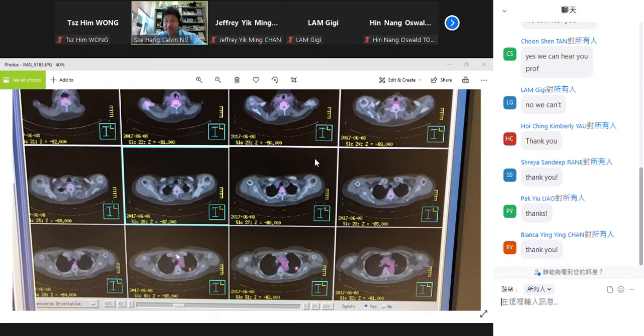So you put a scope down here behind the sternum, in this area where I've put the cursor, just in front of the trachea where the lymph nodes are. You push the scope in this plane and you biopsy the lymph nodes, looking through the scope on a television, like a thoracoscopic procedure.